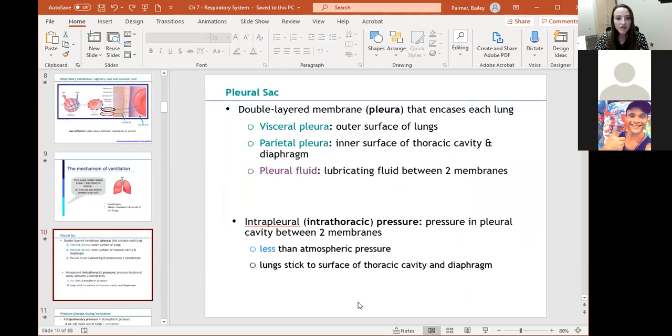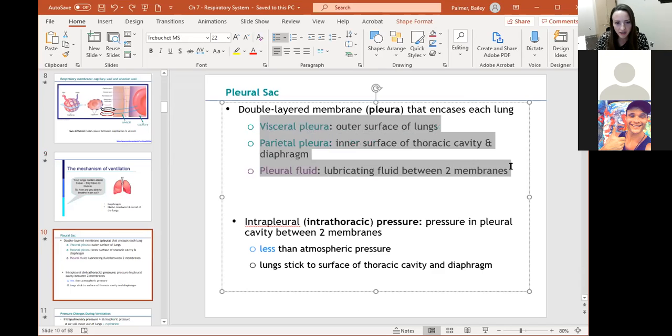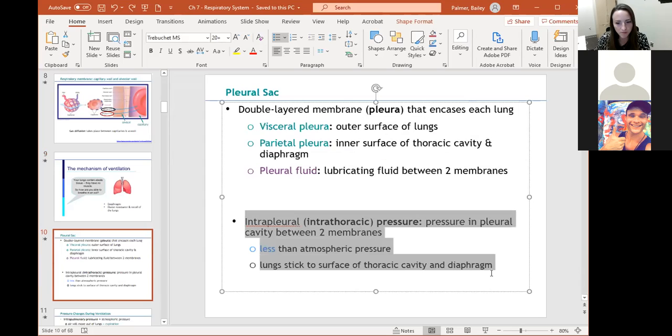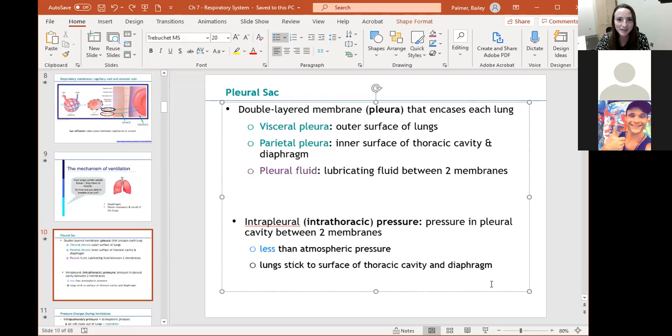But moving on, I don't think there's going to be a question about these three terms right here, knowing the difference between visceral pleura and parietal pleura and the pleural fluid. But you will have a question about this bottom portion. So understanding interthoracic pressure and how that's different than interpulmonary pressure.